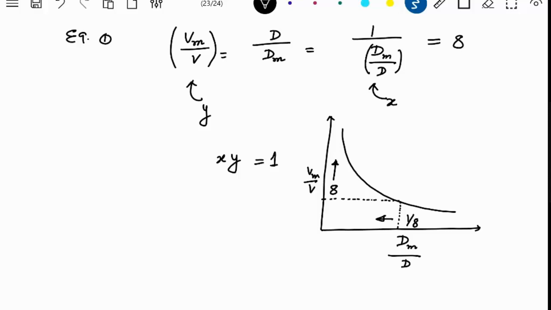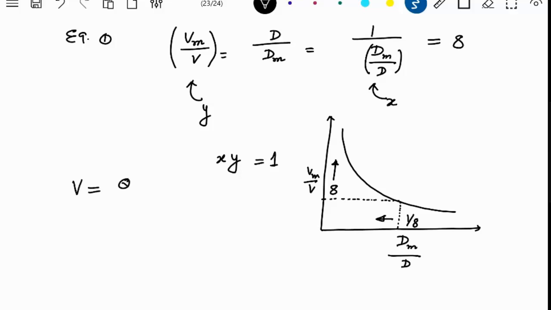And sometimes it is not easy to maintain or increase the velocity. Also, if you want to increase the velocity, other effects also become important in that case. So basically you have to make an optimum choice where you will have optimum velocity and optimum diameter of the pipe for the experiment.